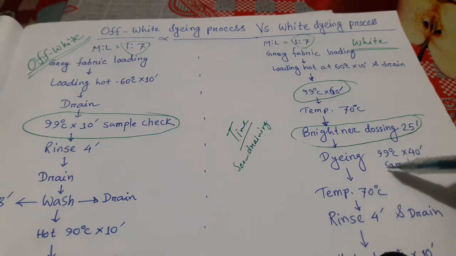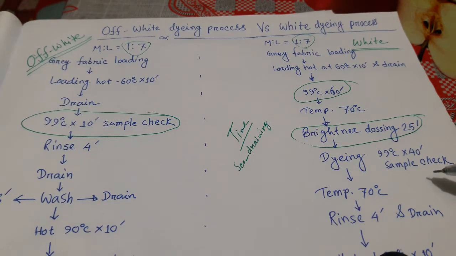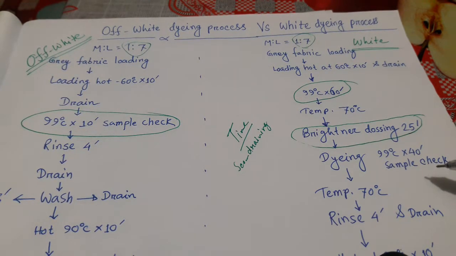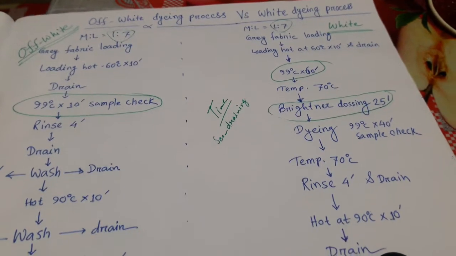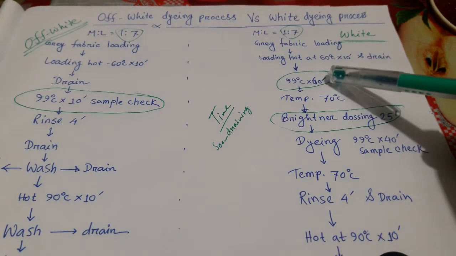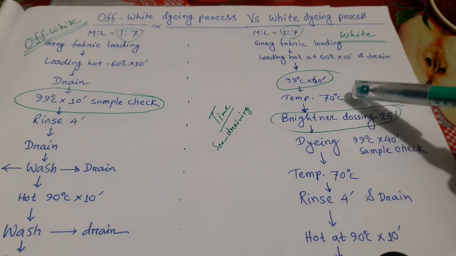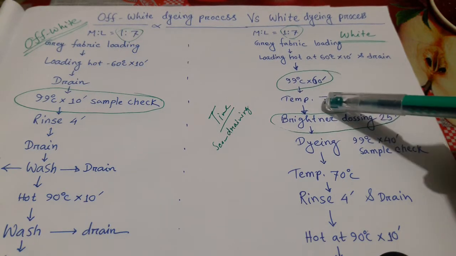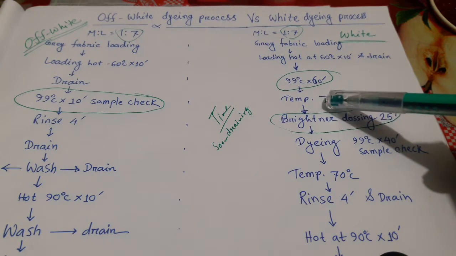Here dyeing, we are dyeing for 40 minutes and sample checking. The other process is the same, but in the middle we have seen changes. The scouring temperature is higher, and after that we are not draining here.